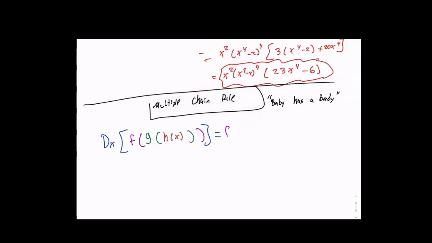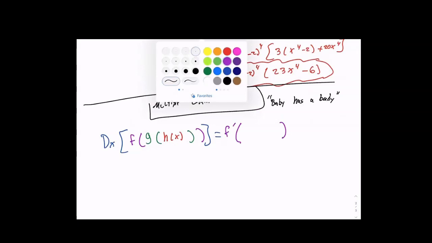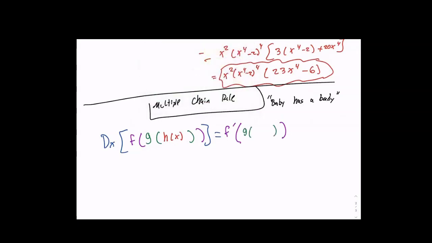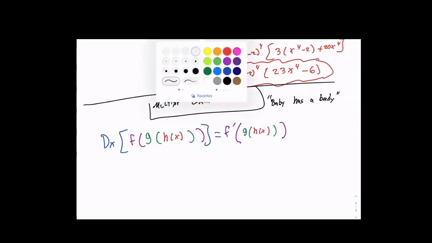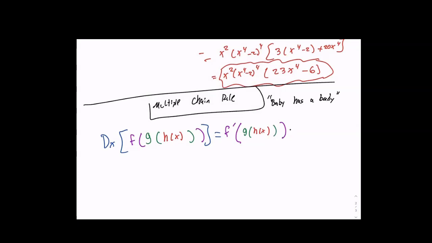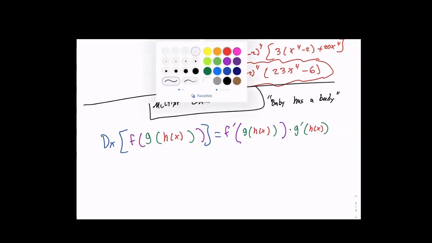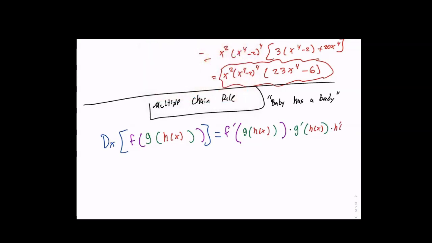So the derivative is f prime of, we keep everything else inside, g of h of x, times, now we go inside one step, which is g, so g prime of, I keep everything inside as is, don't differentiate, times the derivative of what's inside, h prime of x.